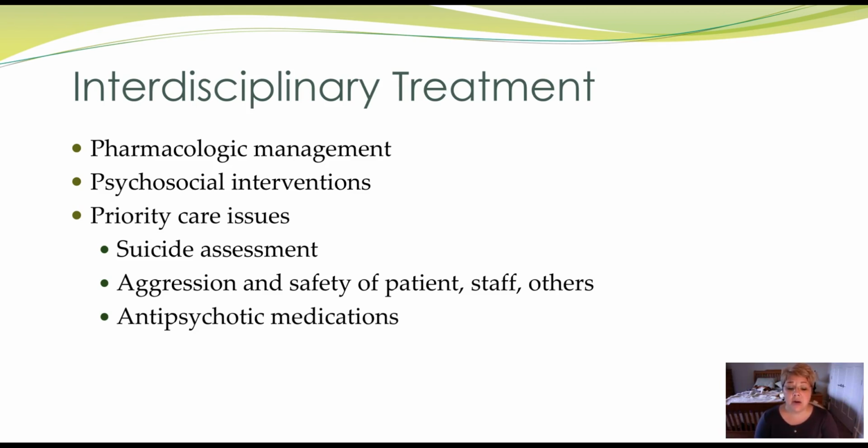Priority issues in care are suicide assessments, aggression and safety for the patient, staff, and others, and antipsychotic medications. We want these folks to be safe, and we will see that suicide rates for people who are living with schizophrenia tend to happen not during their active disease, because normally they are acutely mentally ill.